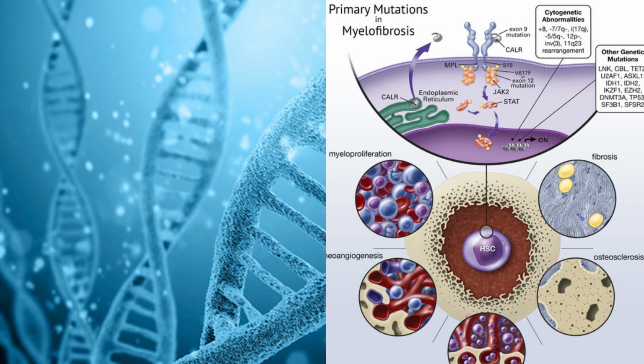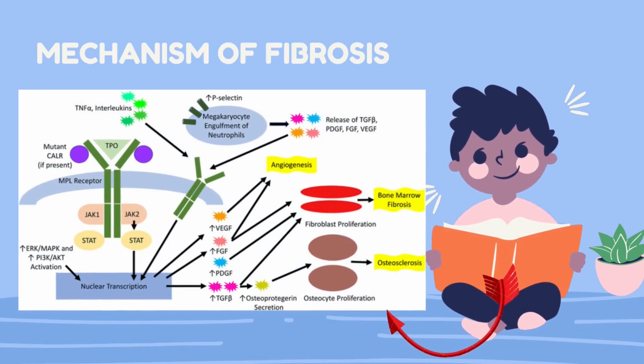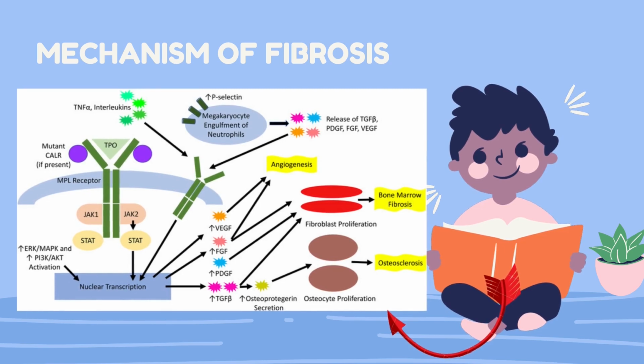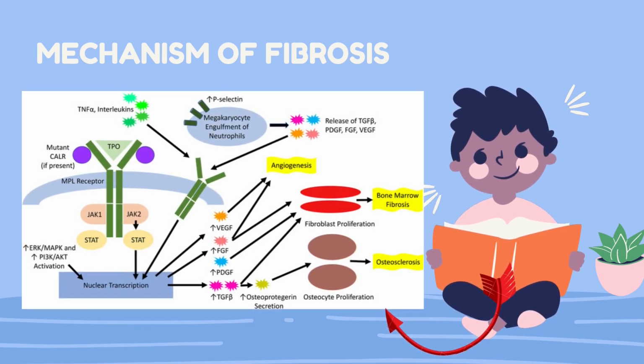So, let's learn the mechanism of the fibrosis in primary myelofibrosis. The pathogenesis of bone marrow fibrosis is not fully elucidated, but a theory suggests that the abnormal megakaryocytic cells produced in cases of primary myelofibrosis express a cell adhesion molecule, that is P-selectin, on their intracytoplasmic vacuoles.